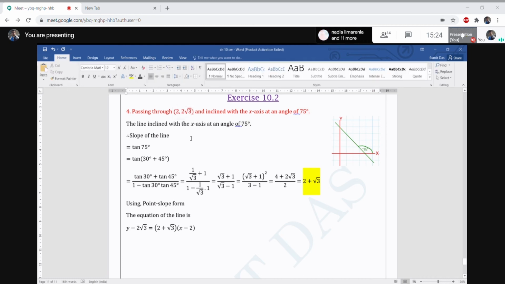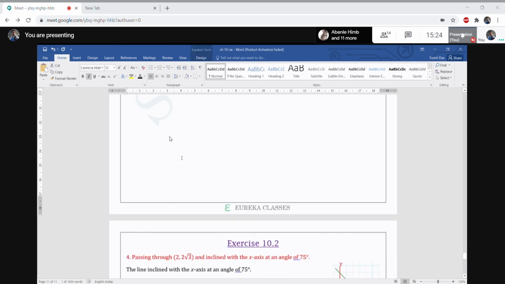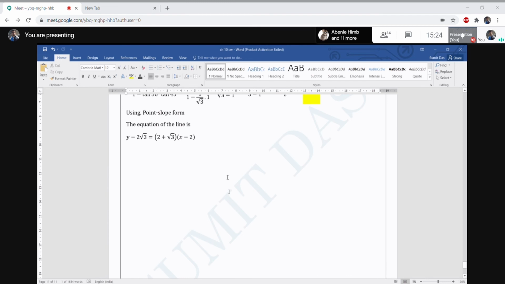After that you have to do the simplification. Okay, simplification, if you simplify this one, y minus 2 square root of 3, and if you open this one, it will be 2x minus 4, then plus square root of 3 x minus 2 square root of 3.